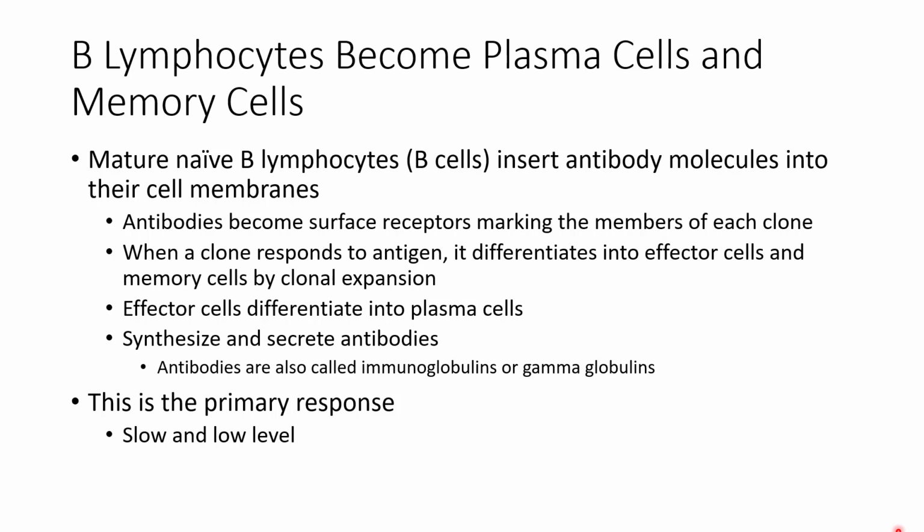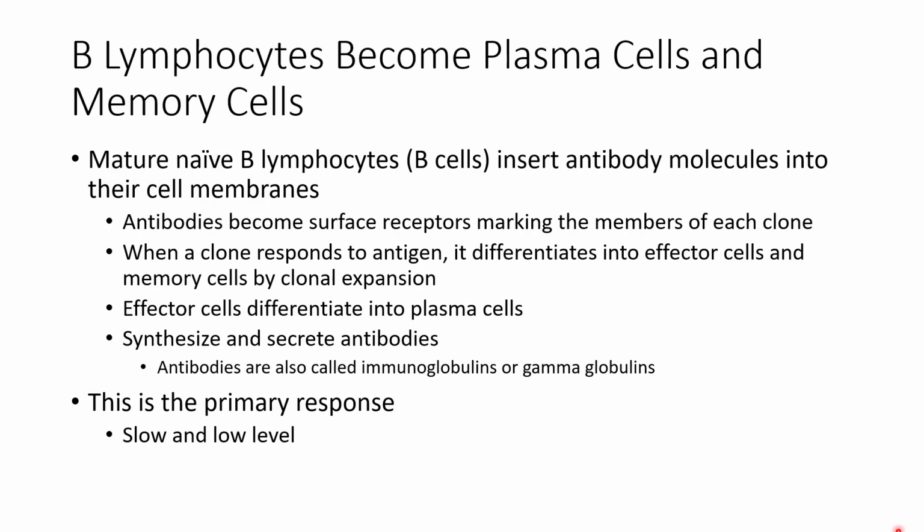The clones then start to respond to antigens, and it differentiates itself into what we call an effector cell. And then we can get memory cells that then remember that, and we can have clonal expansion. On the next slide, I will show you that chain of events occurring.